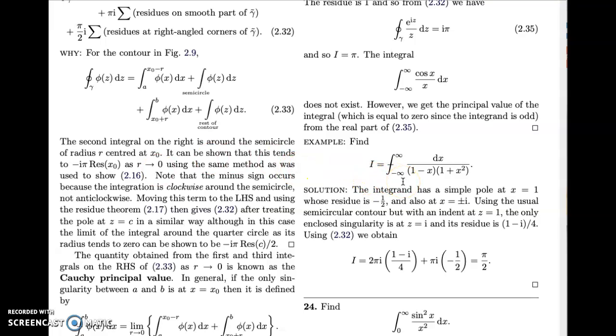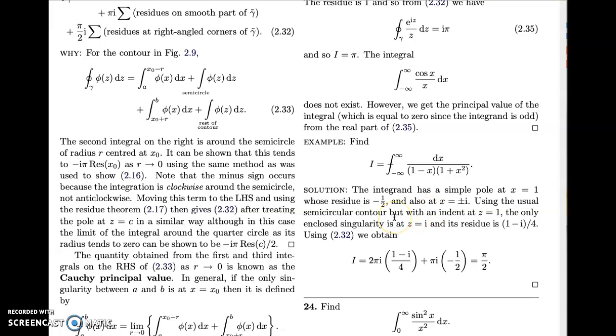So the integral has a pole at x equals 1, as we said, and we need to calculate the residue, and it also has poles at x equals plus or minus i. So we use the usual semicircular contour method, but indent it at z equals 1, where the pole is.